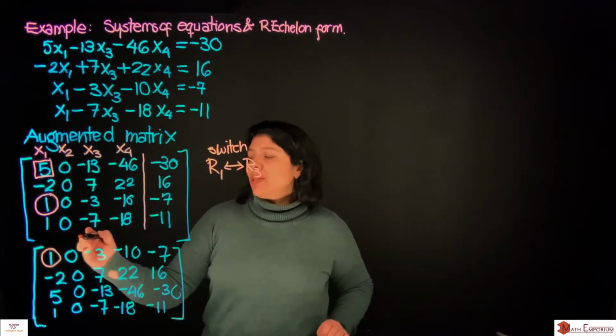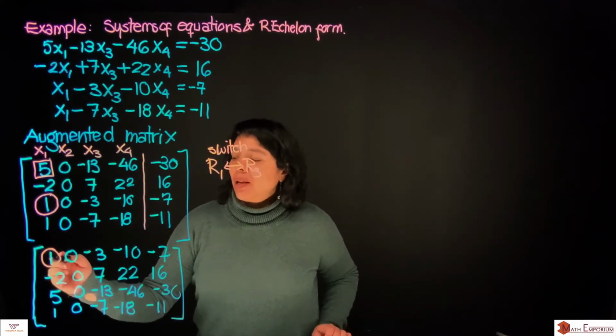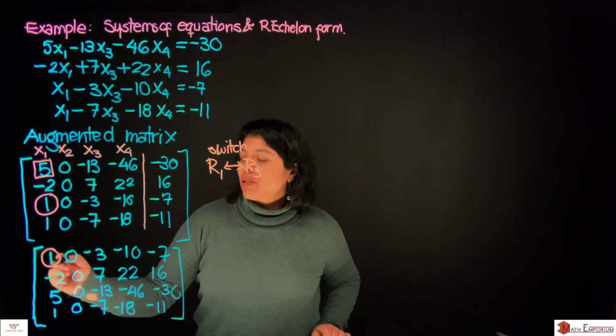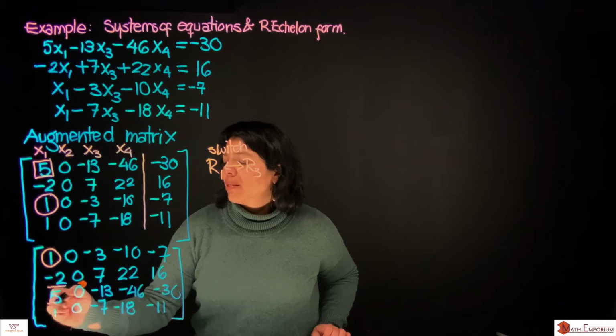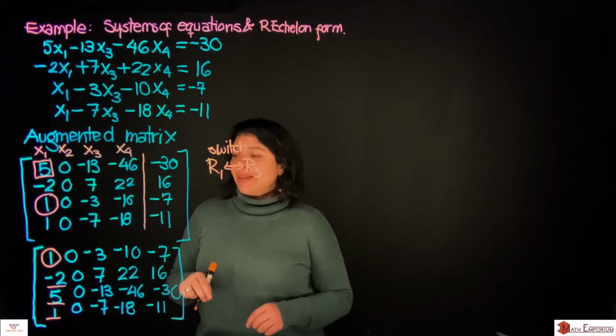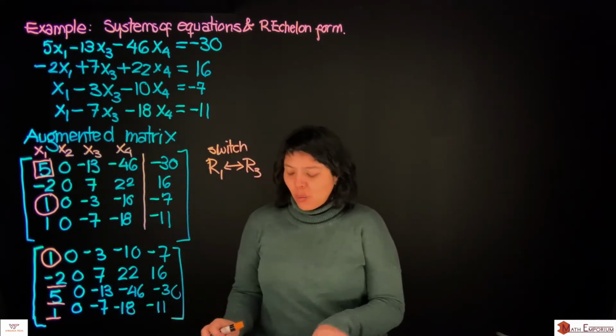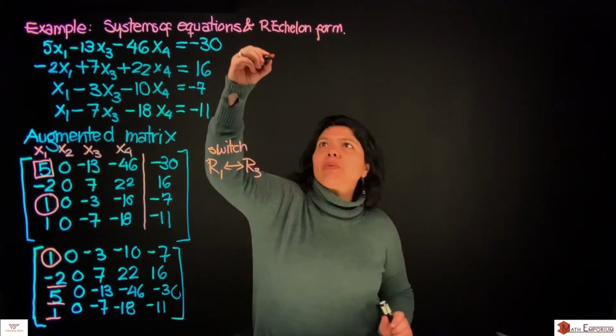And I'm going to use, again, row operations to transform each of these entries that I have here into zeros. Let me write it like this.